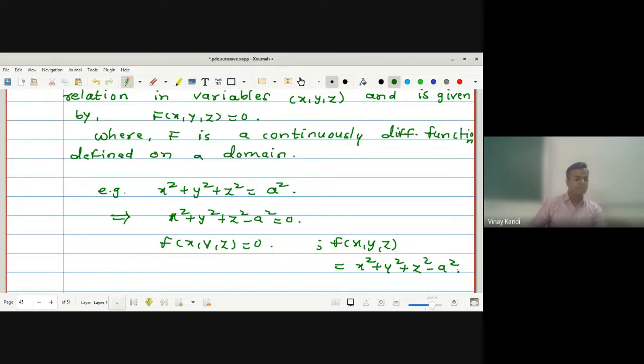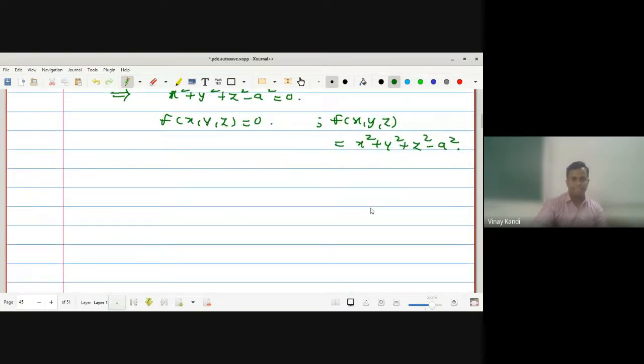Now tell me the parametric equation of a sphere. What is the parametric equation of a sphere in 3D space? That was the coordinate form.